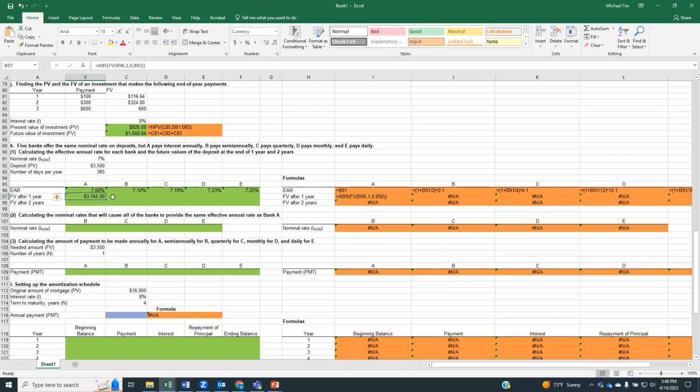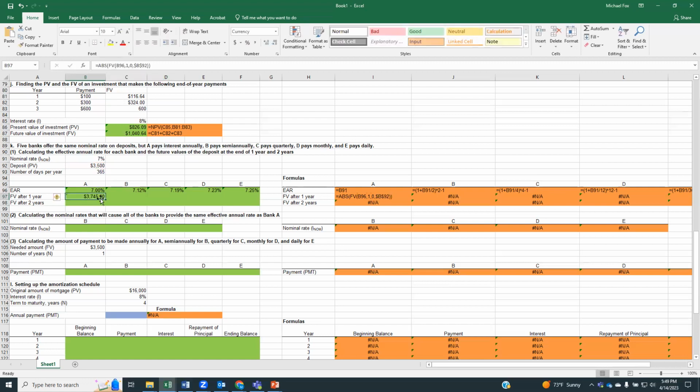But there's no easy way to do that, so I may have to just hand type those in, right? My number of periods, unless I wanted to create a reference somewhere for those. The 0 will stay the same each time, and then the present value, we'll want that to stay the same each time.